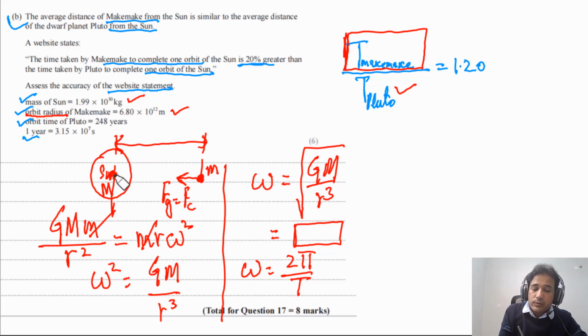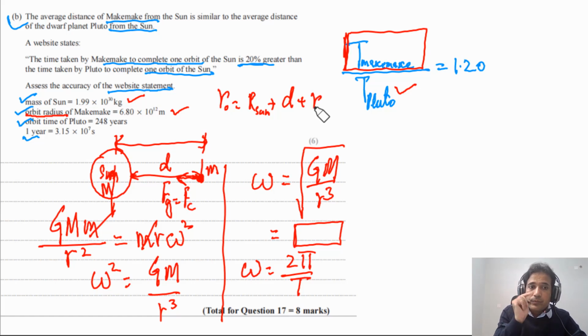If they simply give you the radius of the sun and the radius of Makemake, and the distance from the surface of this one to the surface of this one, then in this case the orbital radius will be equal to the radius of the sun plus the distance from surface to surface, this distance d, plus the radius of Makemake. So I'm saying this is the orbital radius, the distance from center to center, center of planet to center of sun.